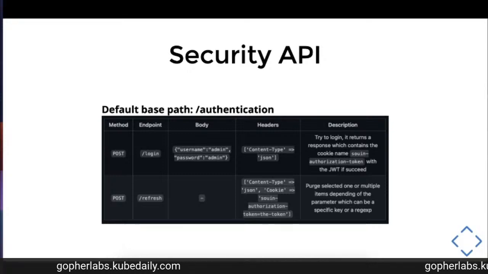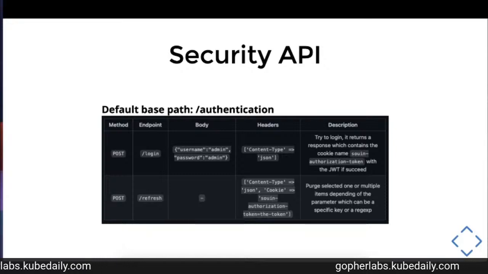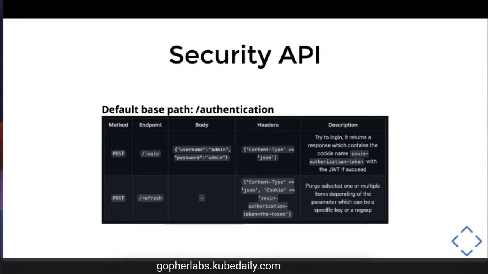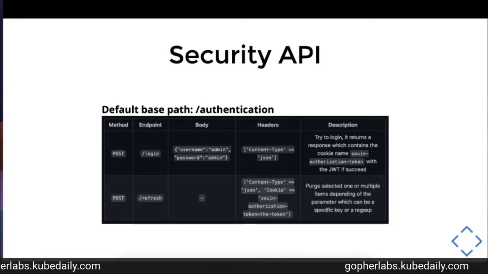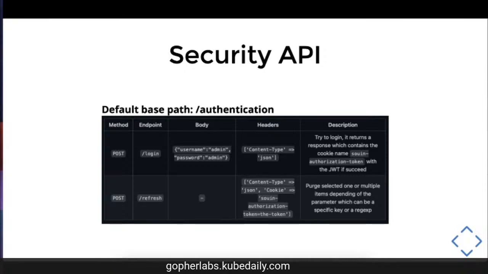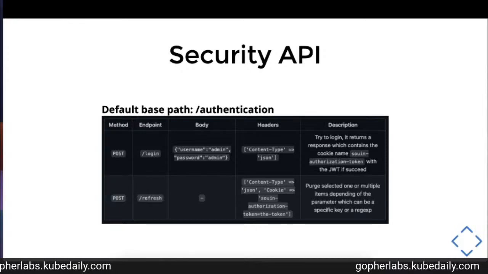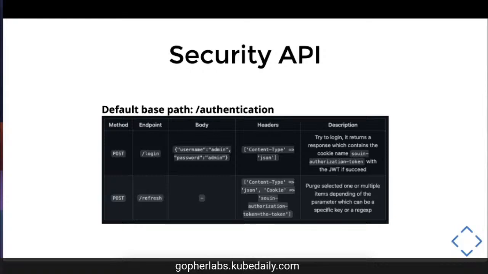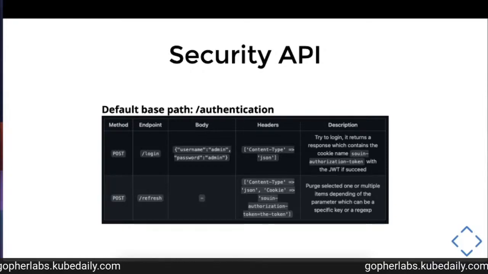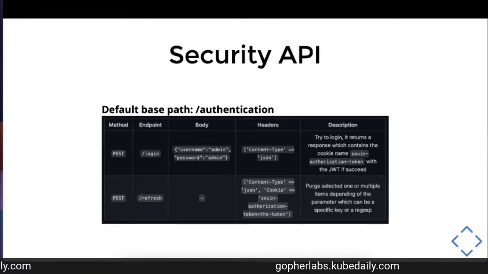So you have by default the authentication path, and you have two routes. The first one is to log in. You send a JSON request with a username and password, and in the response you have a set cookie named Swan authorization token containing the JWT, and you have a refresh endpoint to refresh your JWT.